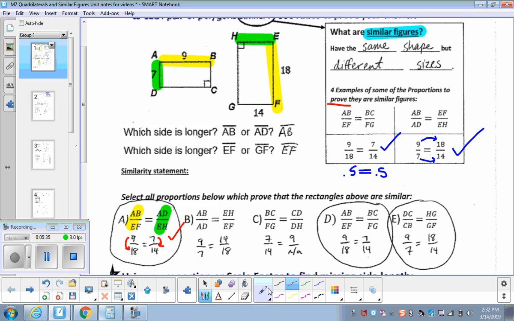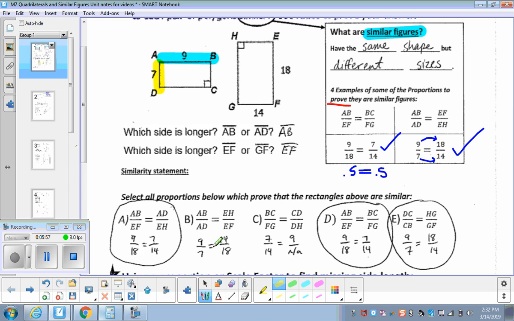So answer choice B, let me erase this stuff real quick. All right, here's what answer choice B is saying. If we go from A to B, which is 9, and then we go AD, which is right here, 7, we're going from the top part to the side, so top to side.